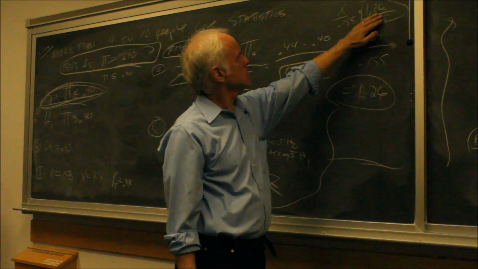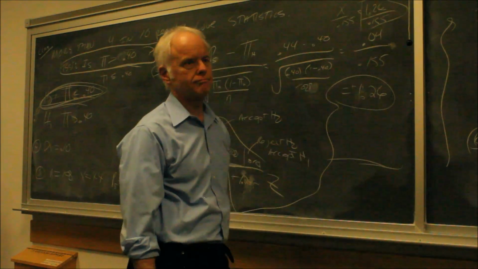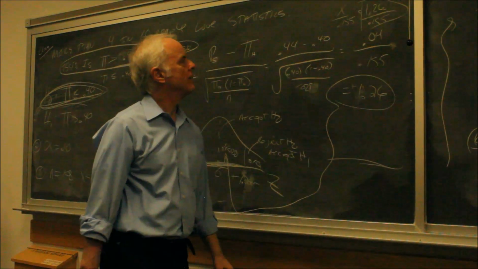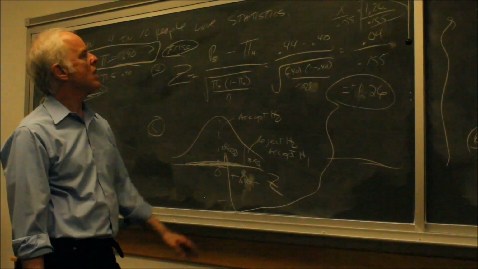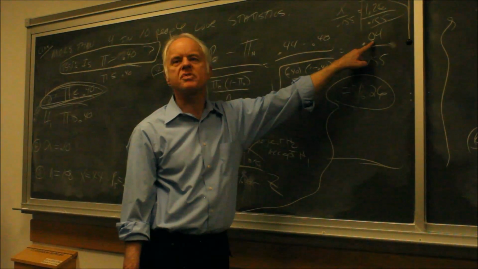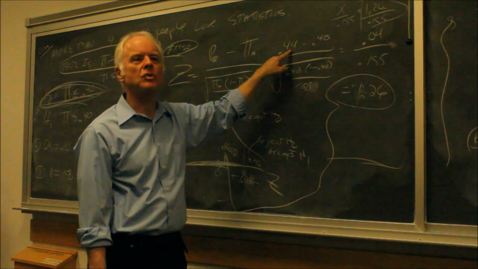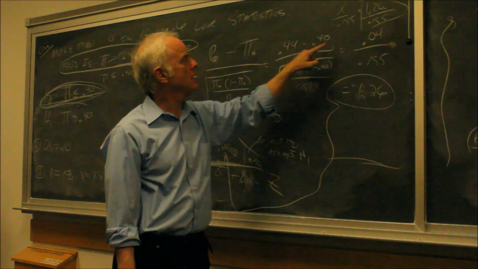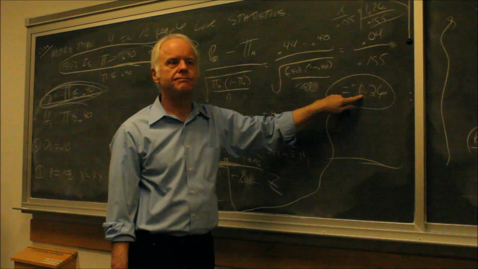So it's 1.55 divided by 1.26. That's 0.123. And so this has to be 0.523. 0.523 makes it so that this comes up to 1.26.